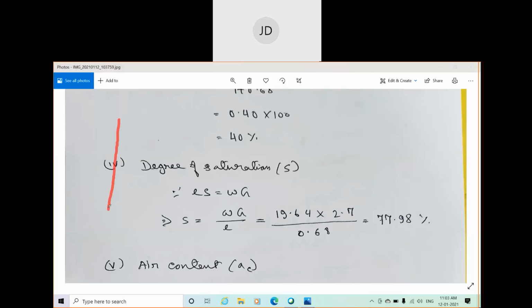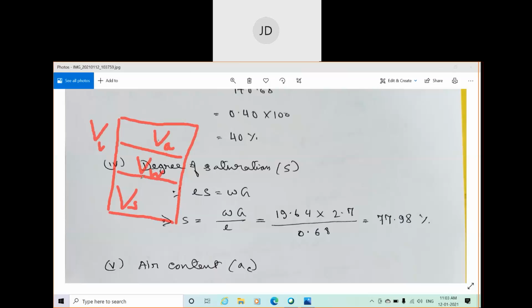So let's draw again. This is, say, volume of solid, and this is the total volume of voids, and this total volume of voids can be divided in two parts. One is volume of water and volume of air.